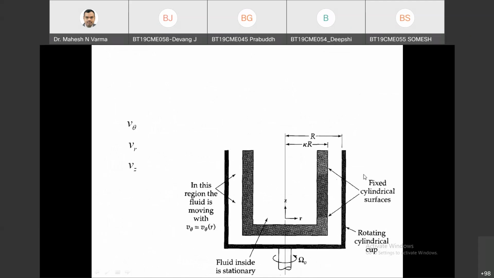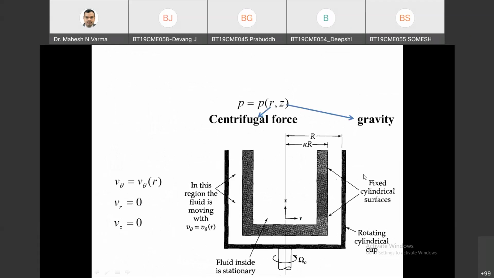So V r equals 0, V z equals 0. So V theta is a function of r only. V theta is not a function of z because end effects are neglected. V theta is not a function of theta because the problem is symmetric around theta. Pressure is a function of R and Z: R because of centrifugal force and Z because of gravity.